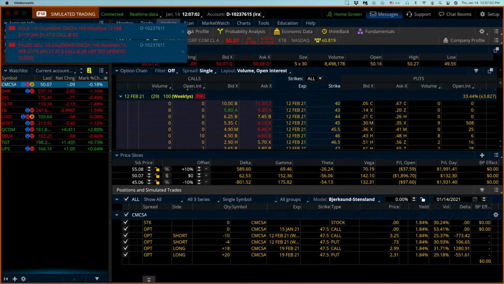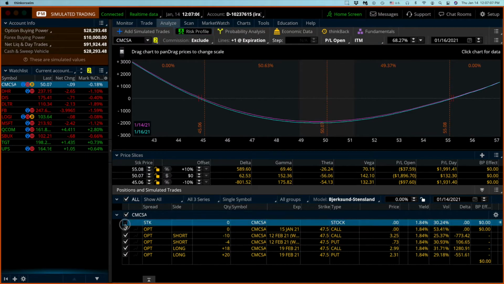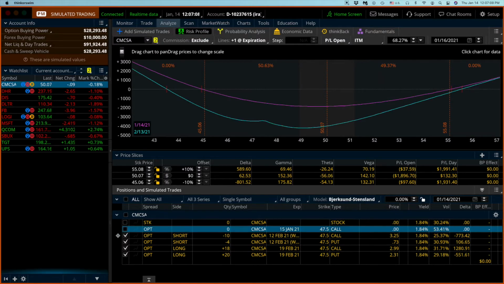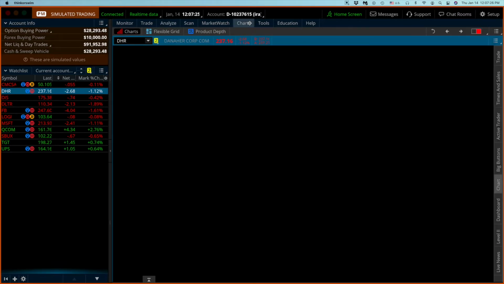Let's look at the risk graph again, and that's delta positive. That's our trade right now, delta positive. Good. Let's move on to DHR. And here's February 19th. There's plenty of time before expiration, and I don't see any need for changing anything. Let's look at the chart first.